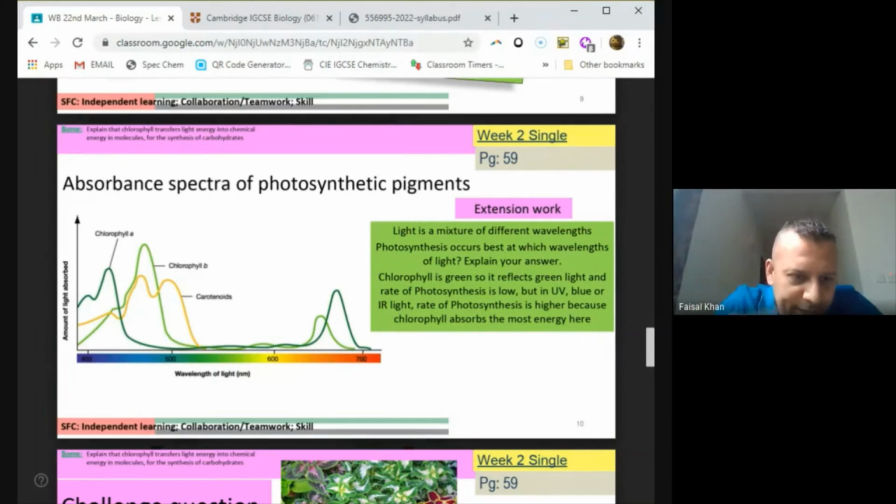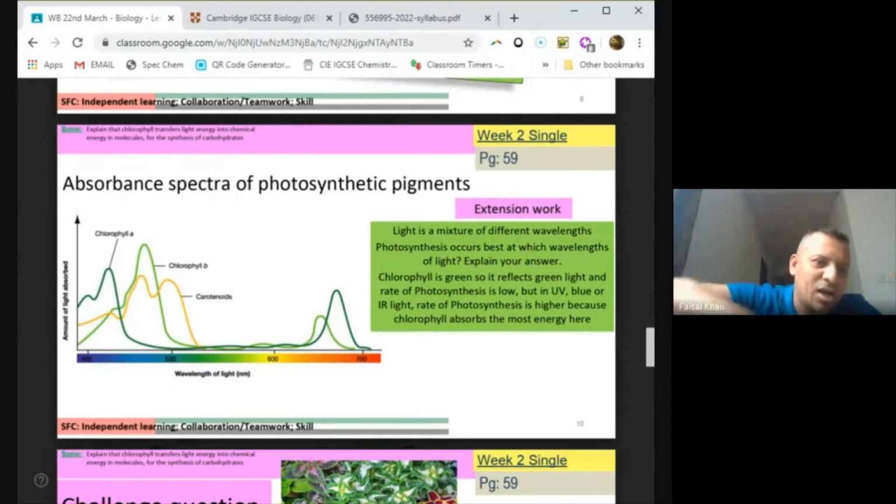So the higher the peak, the more that particular color is being absorbed by a pigment in the leaf. The graph is showing you what's actually happening to white light as it shines on a leaf.